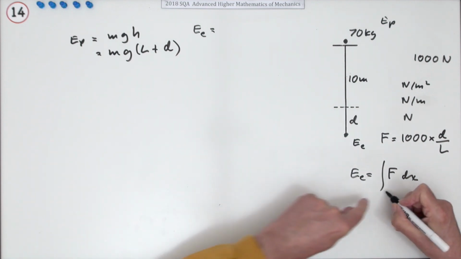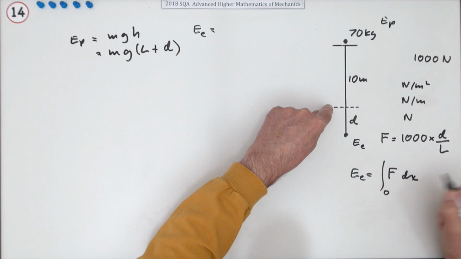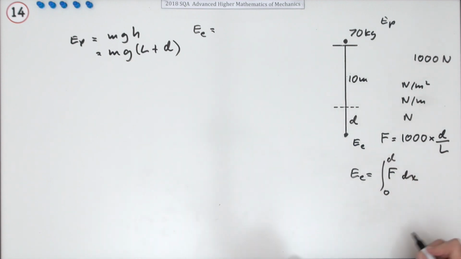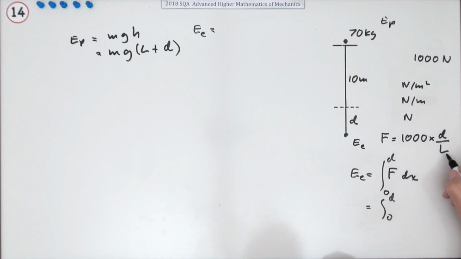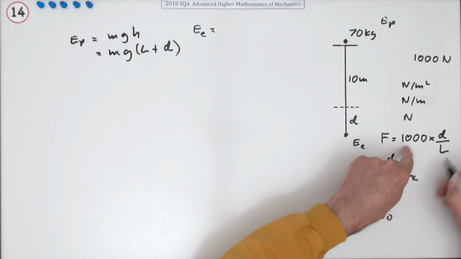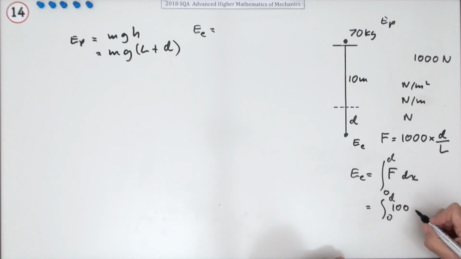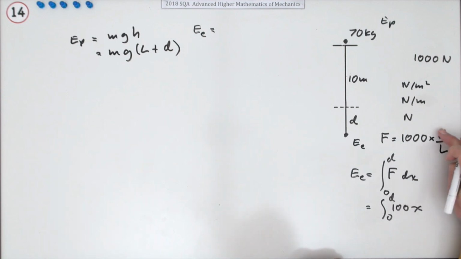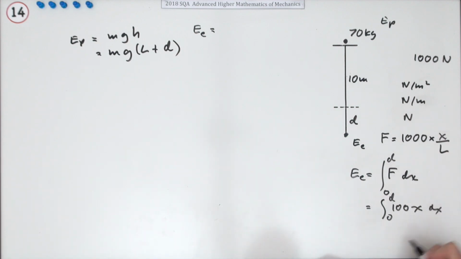And the total work done would be from when it was not stretched at all till it was stretched to a distance d. So that's the integral from 0 to d of, and if you put in the force with a length of 10, that's 100x. I didn't mean to put a d there, I meant to put the general case of an x, dx. So working that out, add 1 to the power divided by the power, that would be 50x squared evaluated from 0 to d, so that's 50d squared.